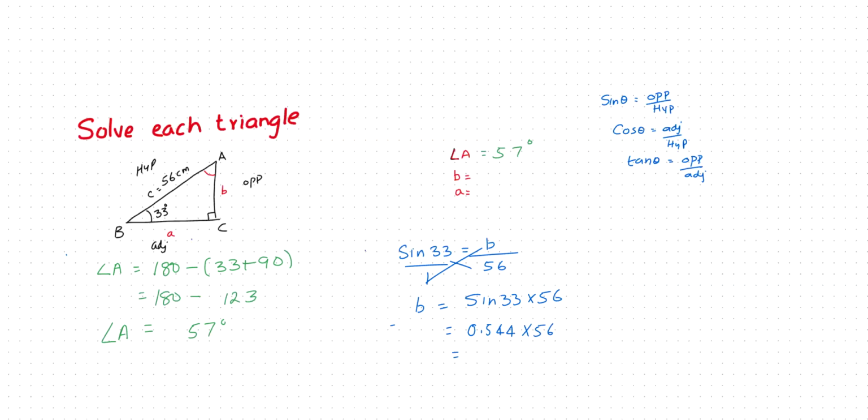It comes to 30.49, or you can write 30.5. So side B is 30.5 centimeters.